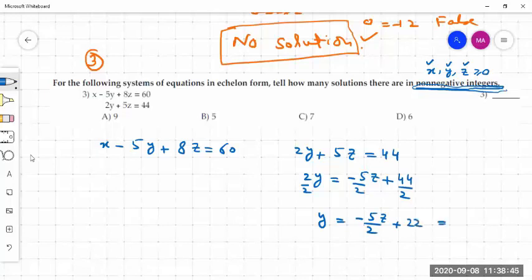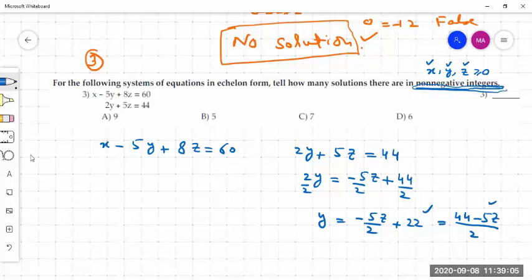Or if you want to write it with the same denominator, that is 44 minus 5z divided by 2, right? So either in this way or this way, it doesn't matter.